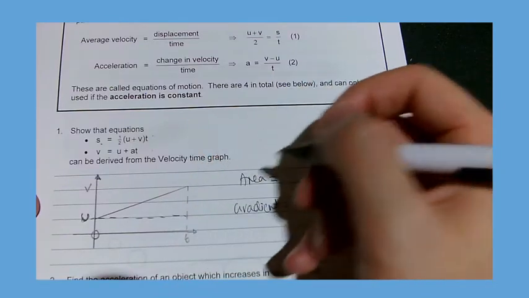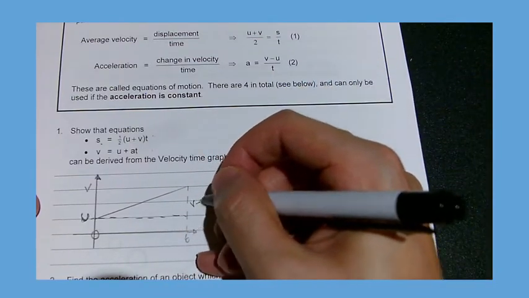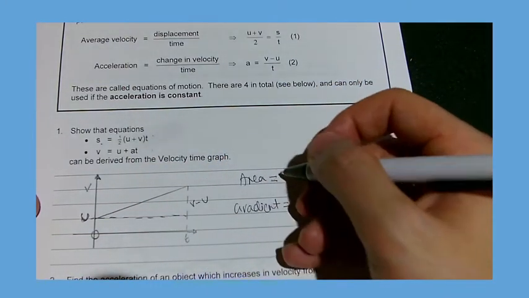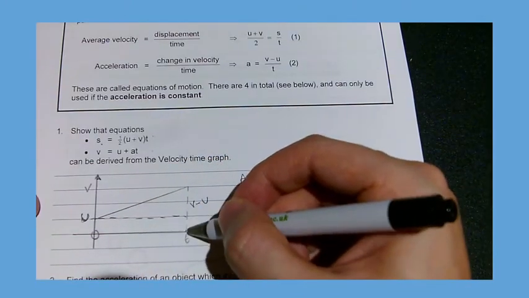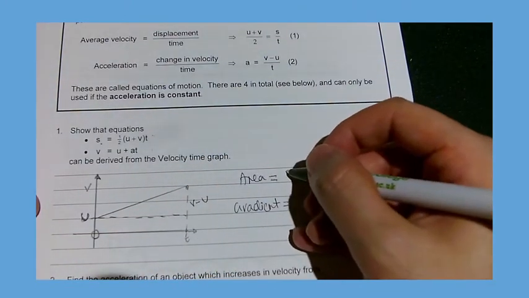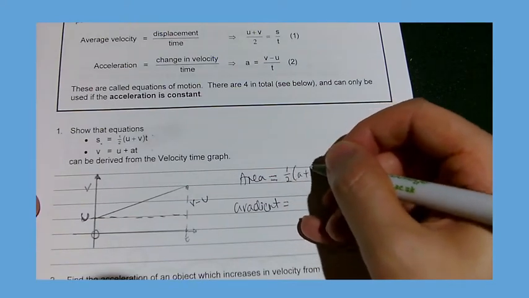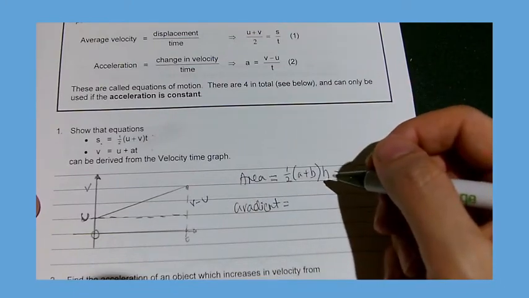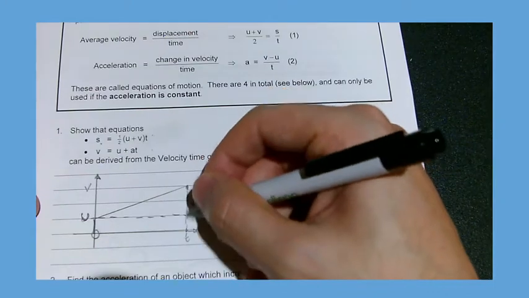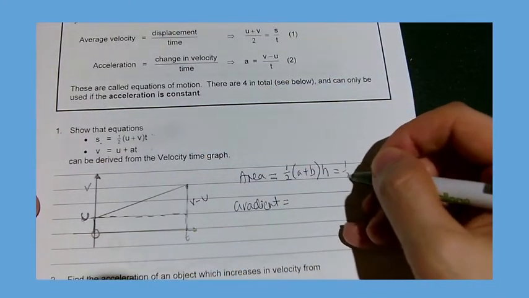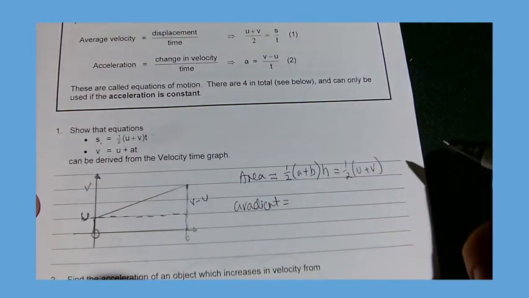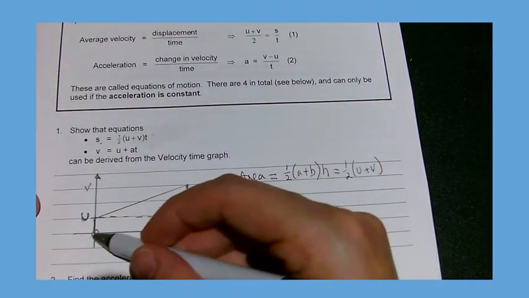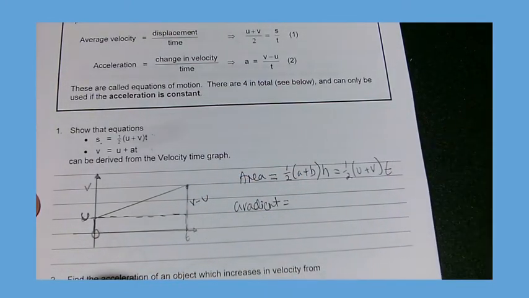We've got a trapezium, and the area of a trapezium is half a plus b times h, and the a plus b will be the two parallel lengths, which will be u and v, so u plus v, that will be a and b, and then times by t, which is the height of the trapezium. So I've derived the first one.